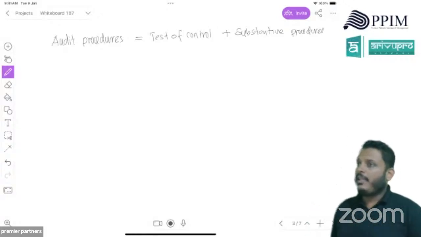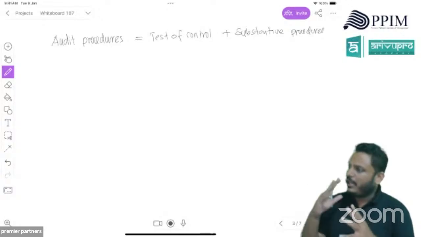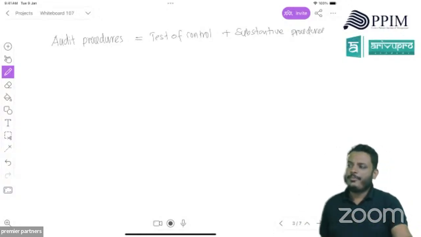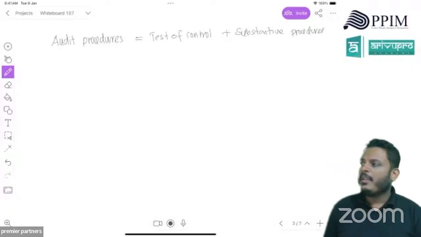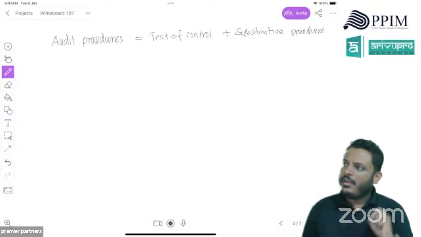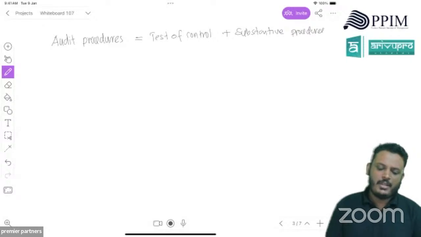Therefore, in MCQ, if they said audit procedures, read test of control, take it. Substantive procedures, take it. Sometimes even section B also, they might give you a verb called audit procedures. If the verb is audit procedures, obviously, you can include test of controls and substantive procedures.